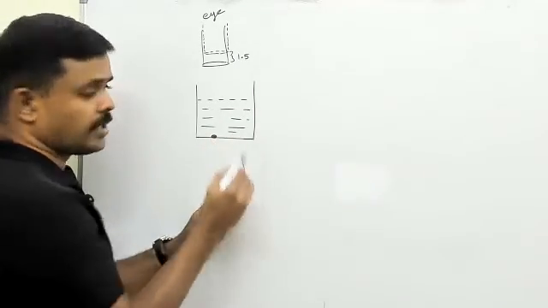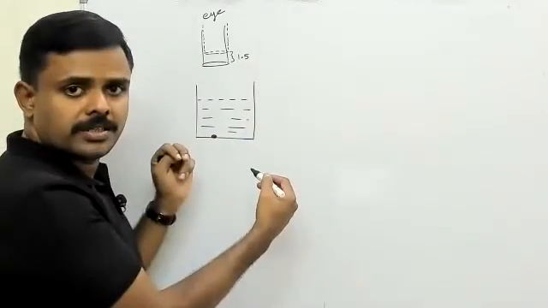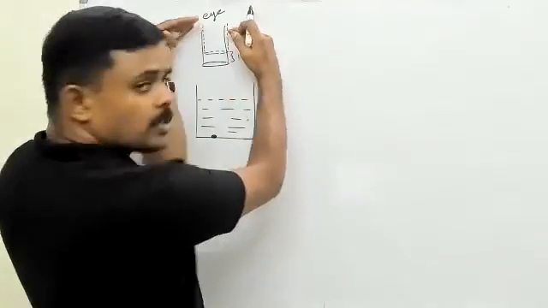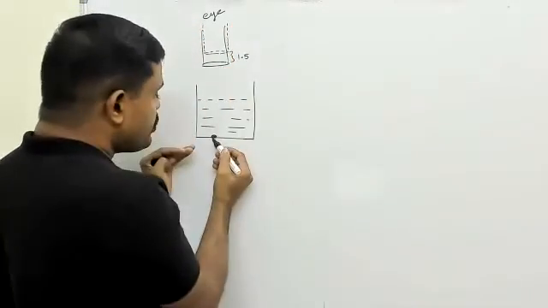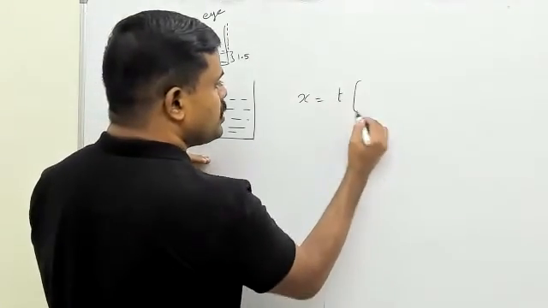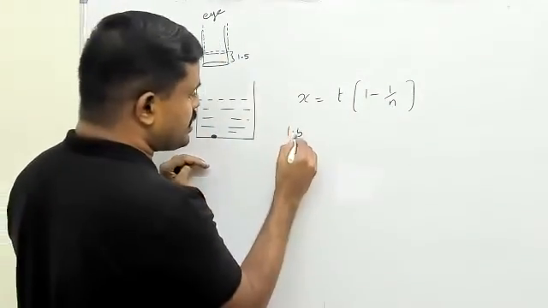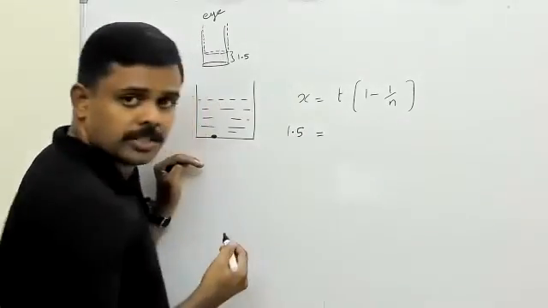This is actually shifting the position. You are shifting the microscope up, which means you have to shift the image. Shifting the position, do you remember? T into 1 minus 1 by n. The shift is given as 1.5, I'll keep it in centimeters.